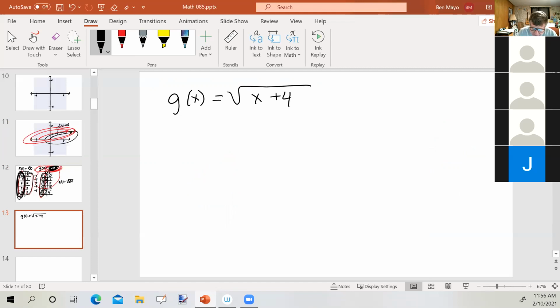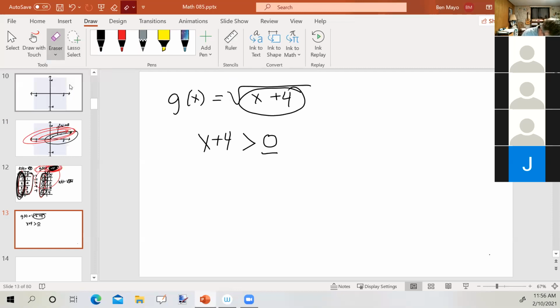So let's look at this algebraically rather than looking at the graph and figure out what the domain is. Well, this is the radicand. Since we're taking a square root, an even root, the radicand cannot be negative. So it either has to be positive, that is greater than 0, or equal to 0.